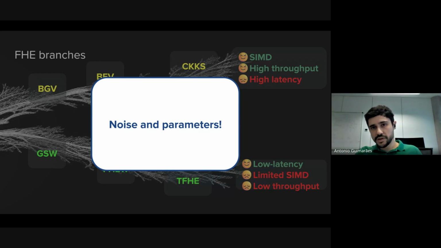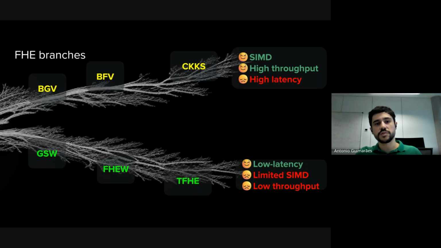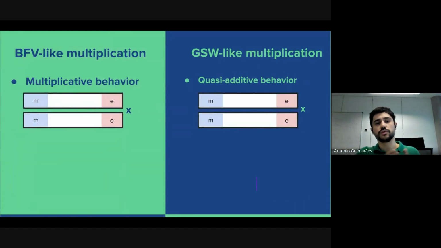To understand the difference between noise in these two schemes, I will briefly go through the two types of multiplications that we do. I'm showing this image, it's a high-level abstraction. But essentially, let's say that you want to multiply two messages, and you have these two types of multiplications, BFV-like and GSW-like.